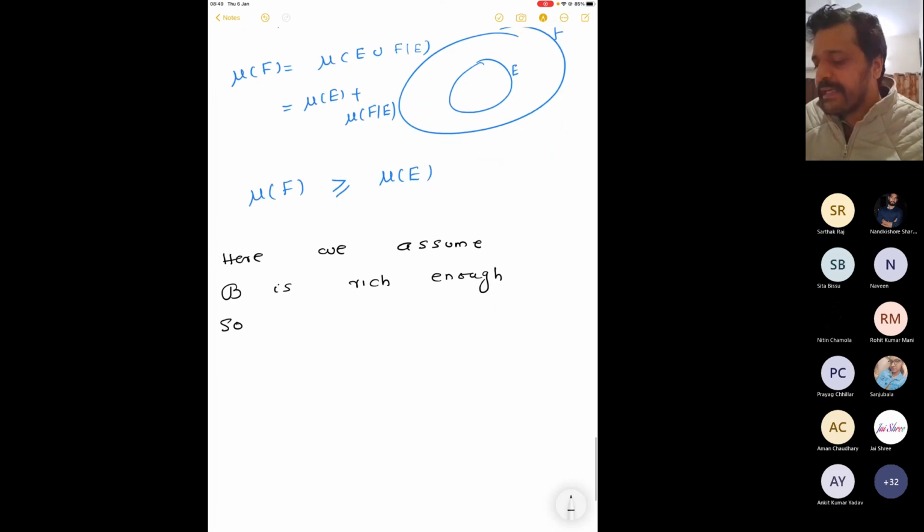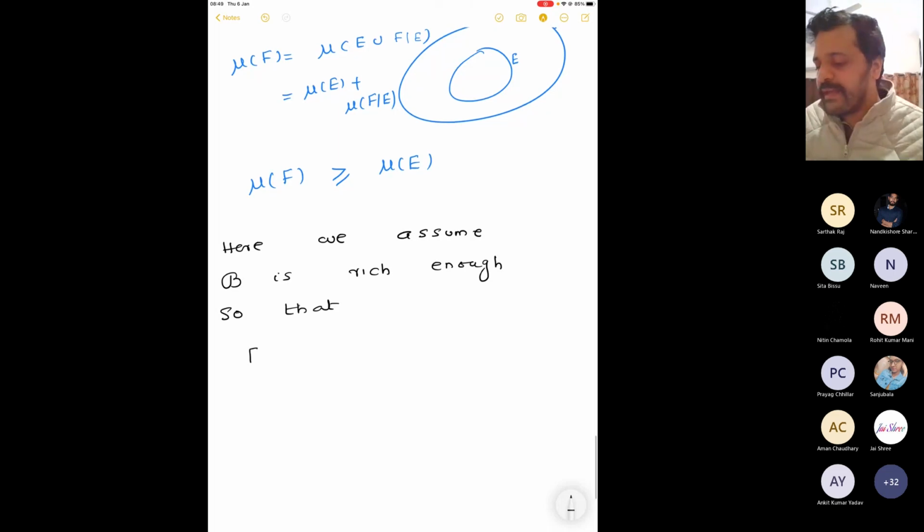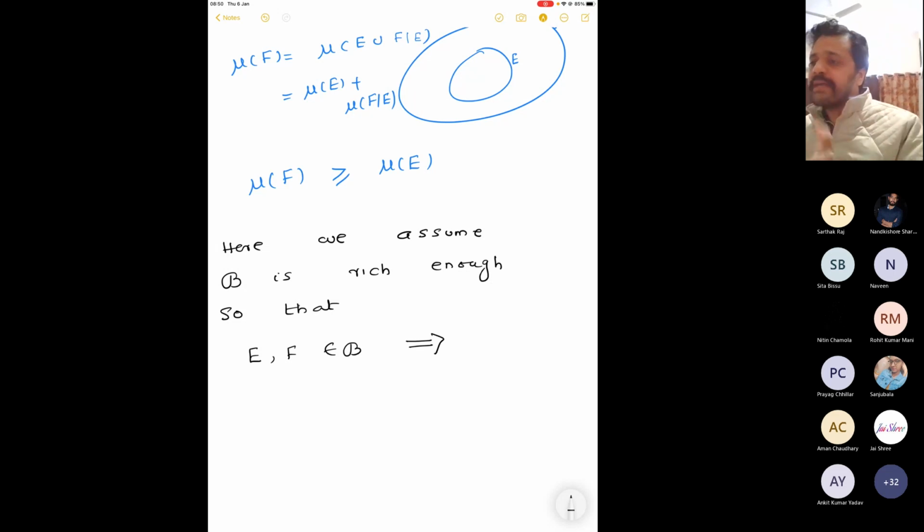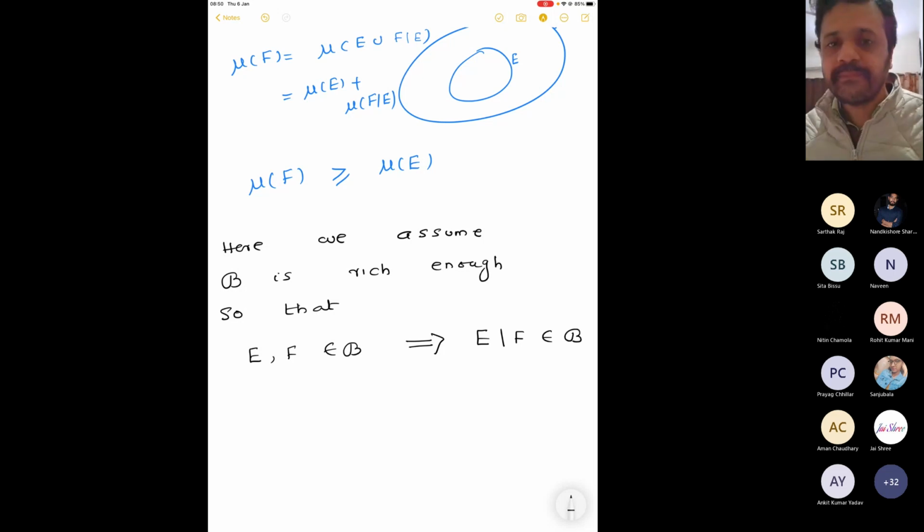Since I am talking intuitively, I am using language like rich enough. E, F in B should imply that their difference is in B, forget about whether E is contained in F or F in E. Then I can do all these things.